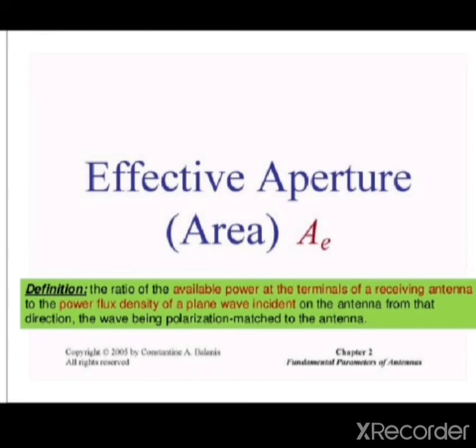That means the available power at the receiving end of the antenna to the applied power flux density of the incident plane wave is called the effective aperture area.